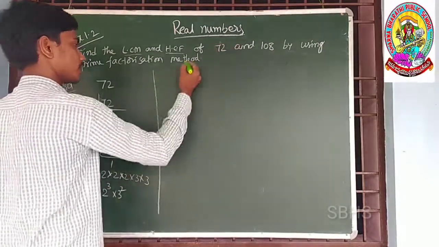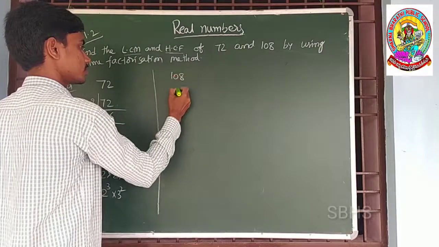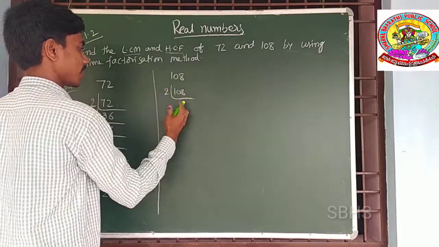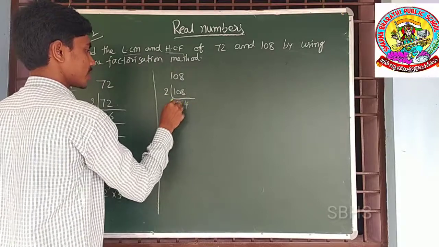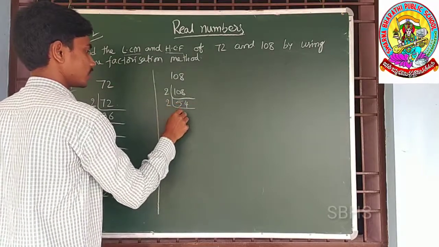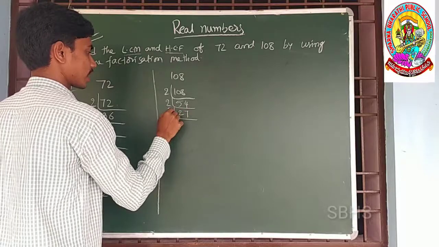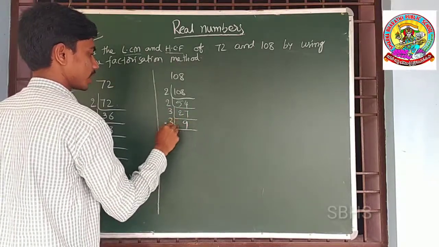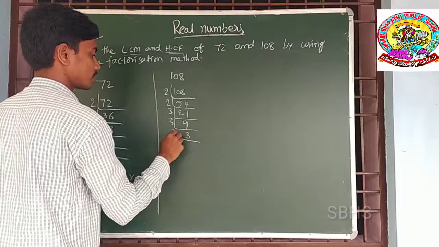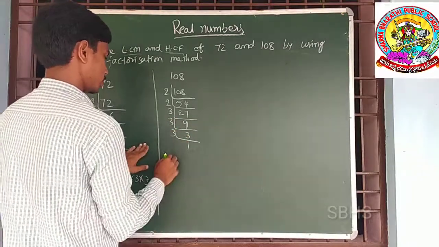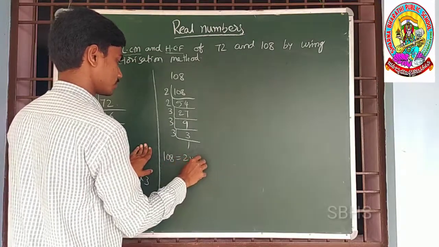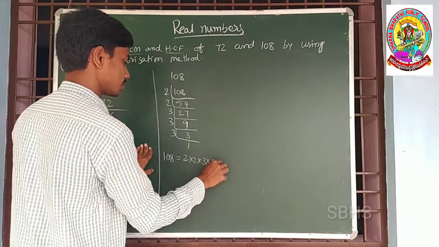Prime factorization of 108. In the 2 table, 108 divides to give 54. Again the 2 table, giving 27. Again the 3 table, giving 9. The 3 table, giving 3. The 3 table, giving 1. So 108 is equal to 2 into 2 into 3 into 3 into 3.